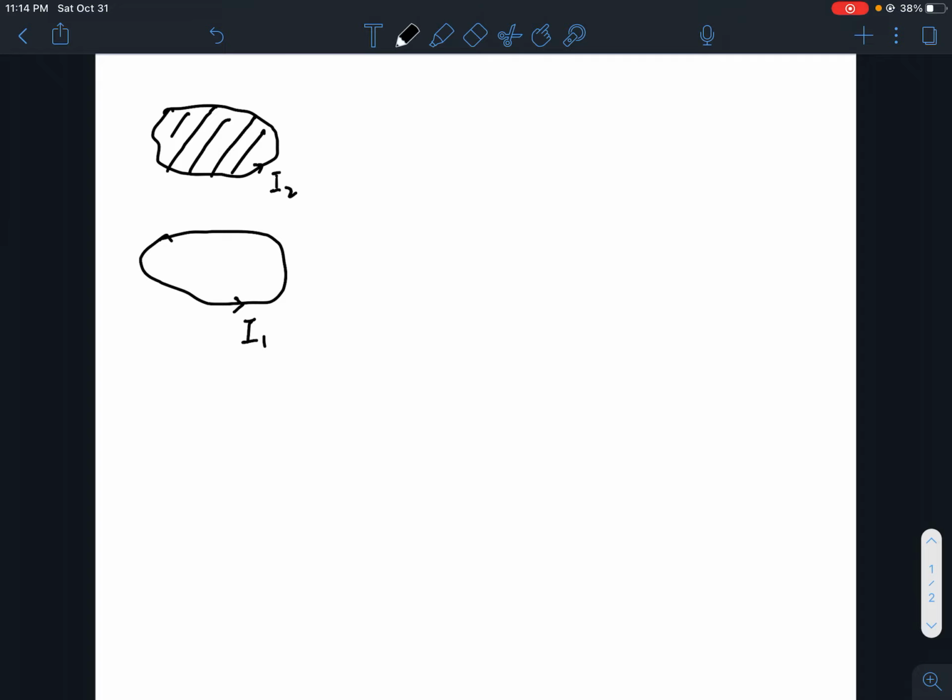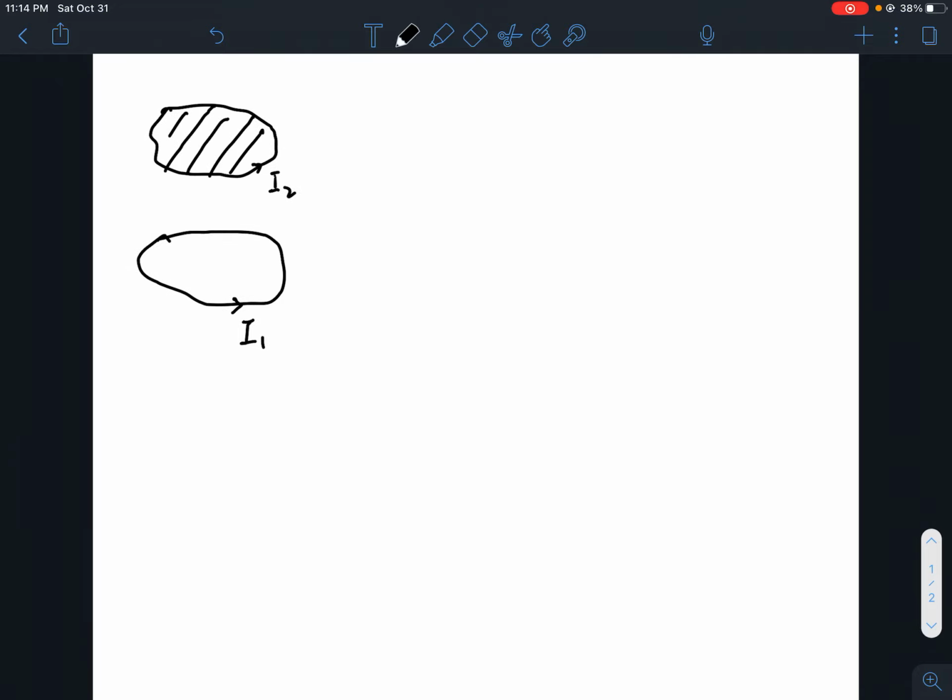And then we also talked about that the I1 in the loop will also create this magnetic field, and once it is changing, it also changes the magnetic flux for the first loop itself.